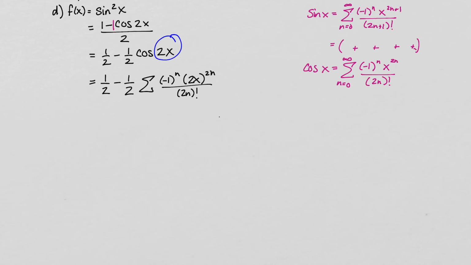Okay. So, back to the problem at hand here, now that I do it correctly. We have 2x to the 2n, because we had a 2x instead of just an x. And so now I'm going to write out some of these terms. So I have 1/2 minus 1/2 times the sum from n equals 0 to infinity.